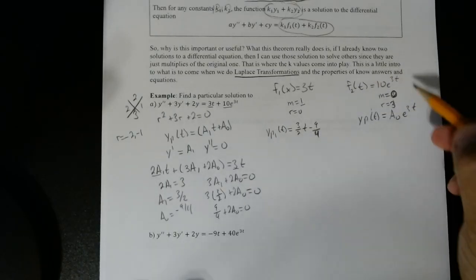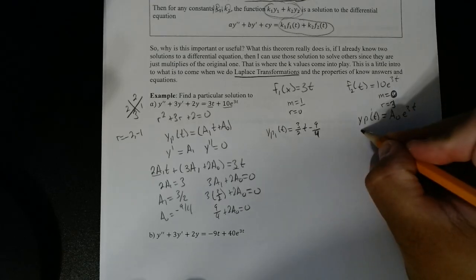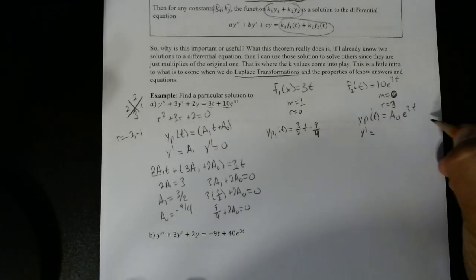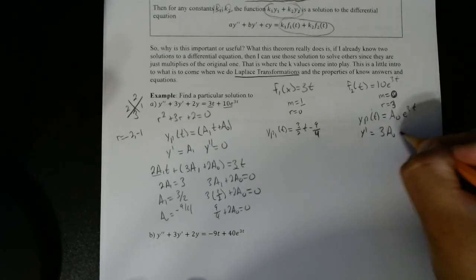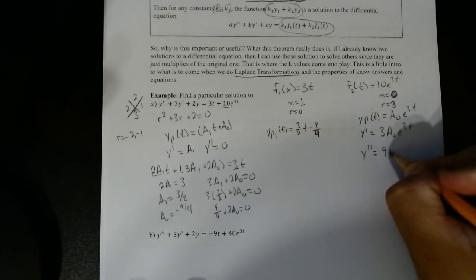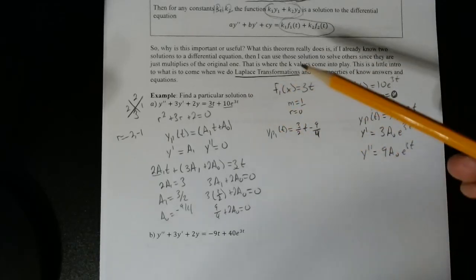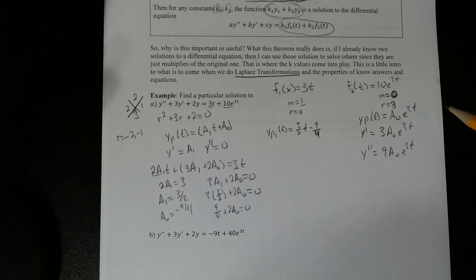Now we do the same thing for F2. We take derivatives individually and then plug them back into our equation.